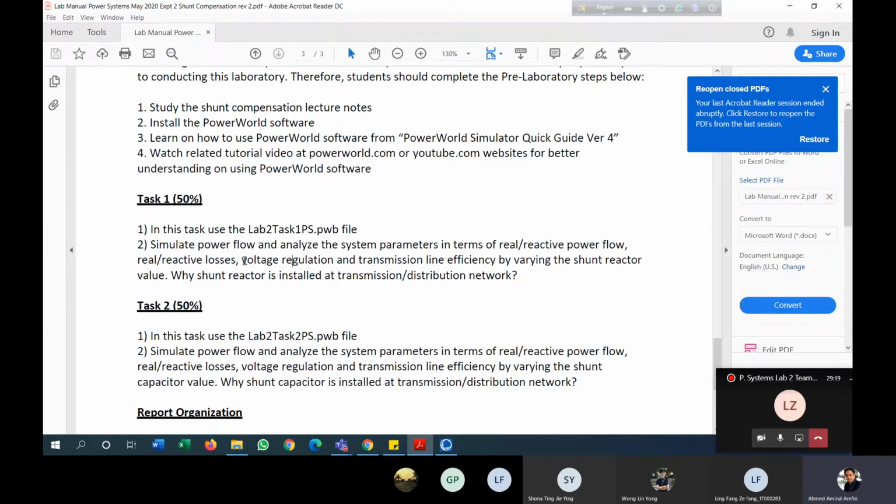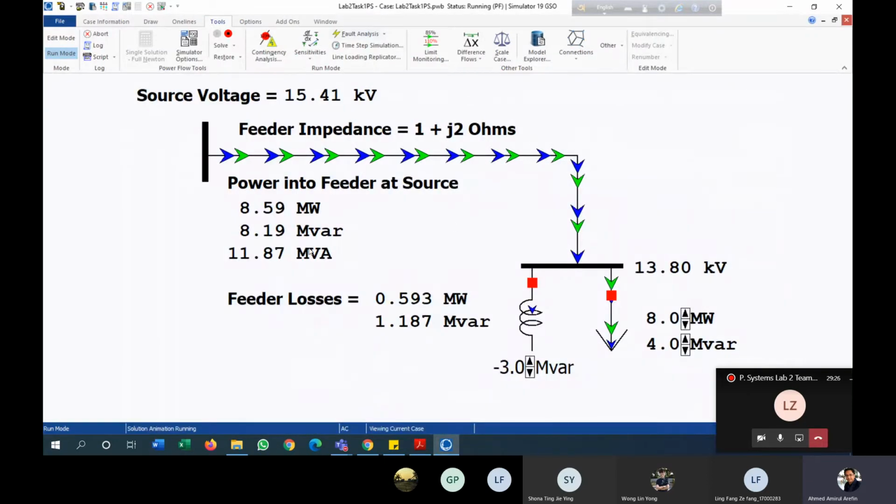Okay, so there is another thing which is voltage regulation and transmission line efficiency. Okay, in this interface of PowerWorld, we don't have any scope so far to find out the voltage regulation, but we all know the formula of the voltage regulation.